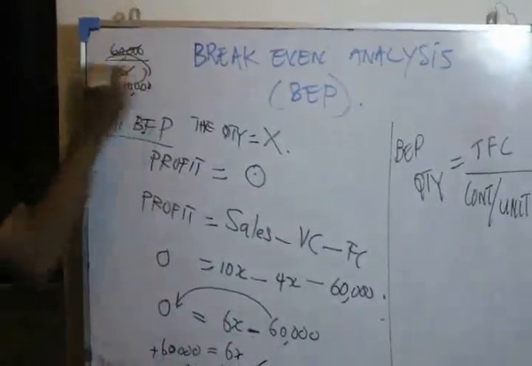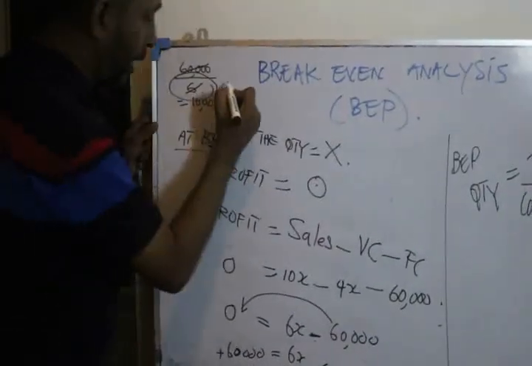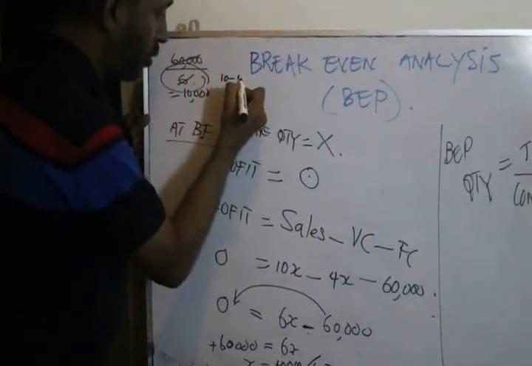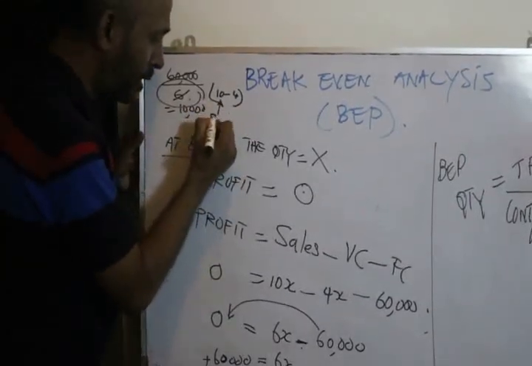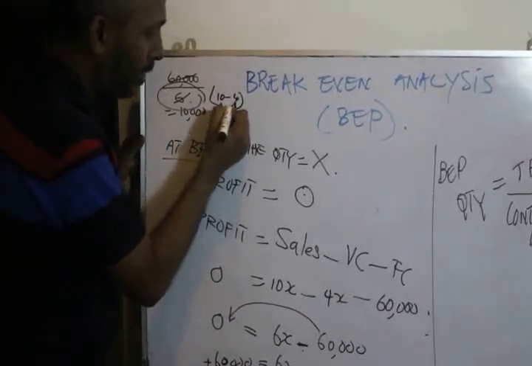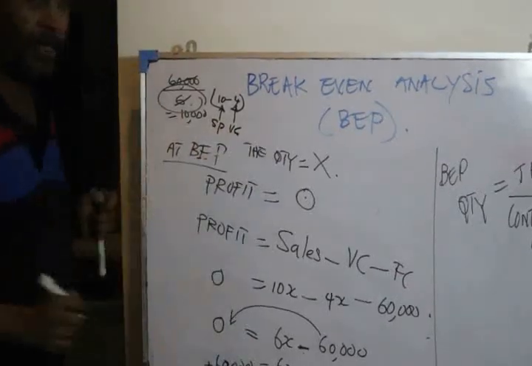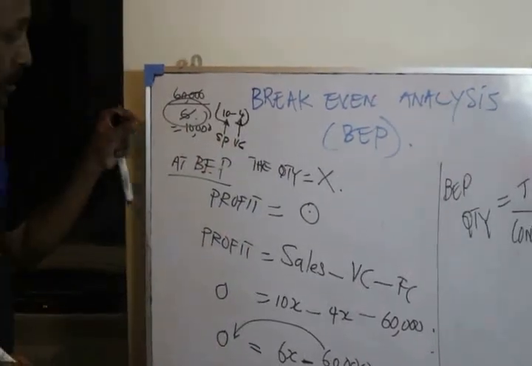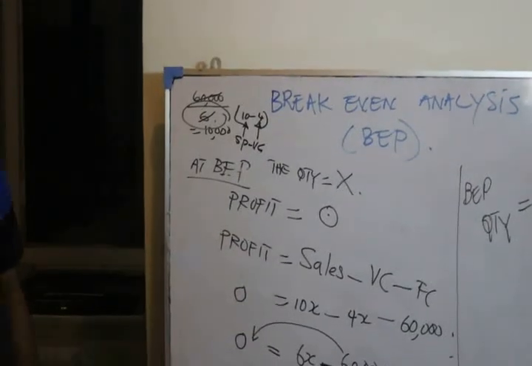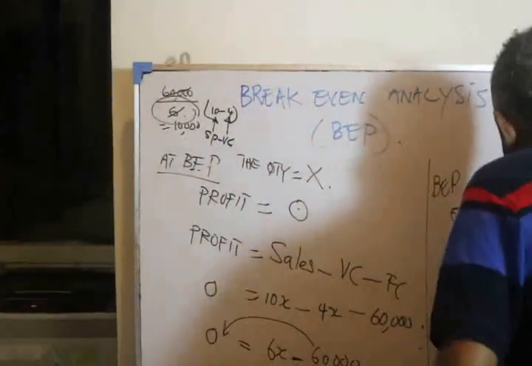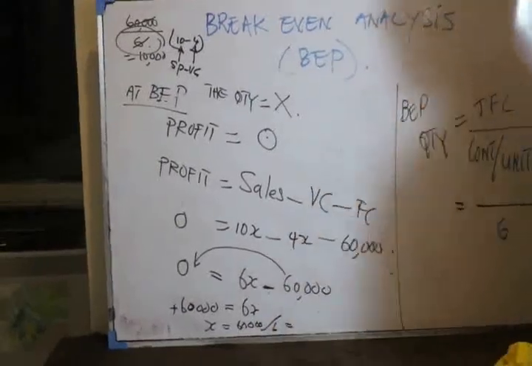You see, I have taken 6 over here. That 6 is, in other words, 10 minus 4. The 10 is the selling price, 4 is the variable cost. We learned at the very beginning, selling price minus variable cost is the contribution. So therefore, the contribution per unit is 6.